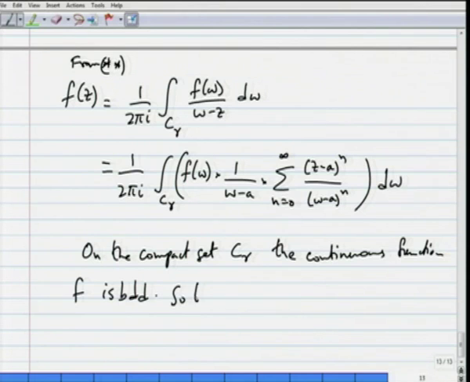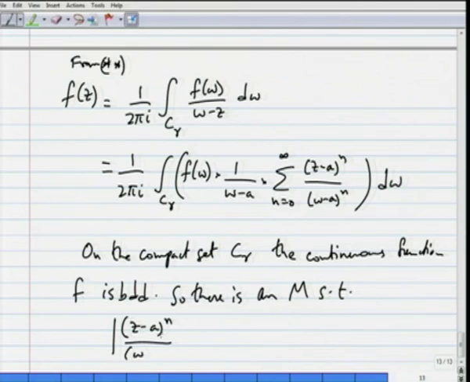So, there is an m such that modulus of z minus a power n divided by w minus a power n plus 1 times f of w is less than or equal to m divided by r.